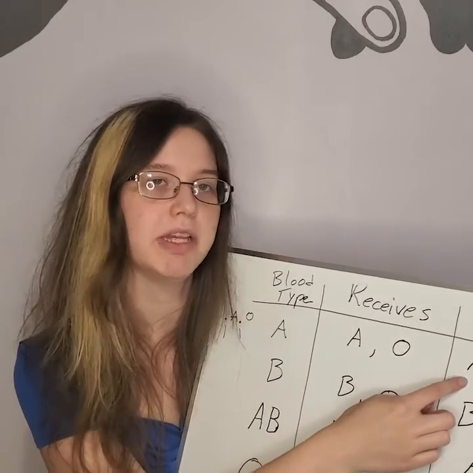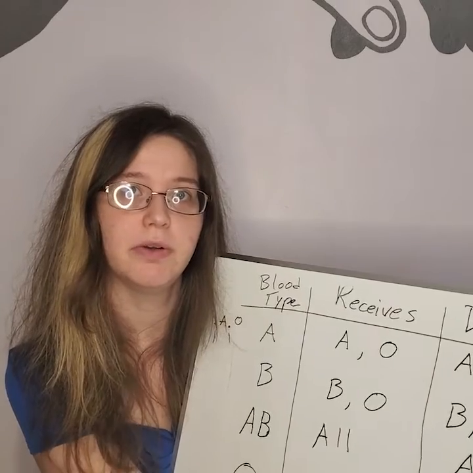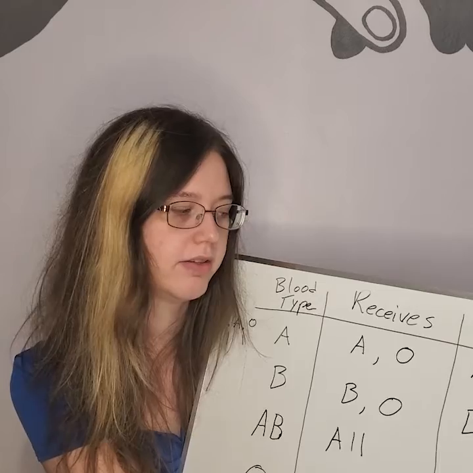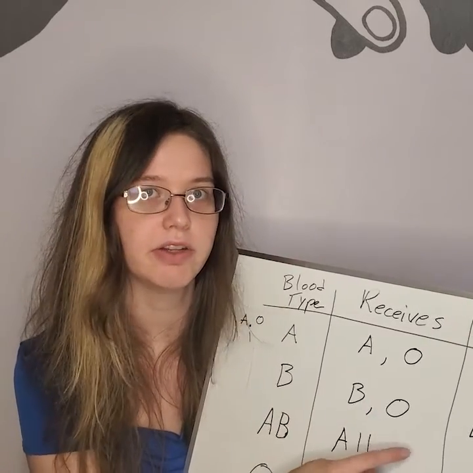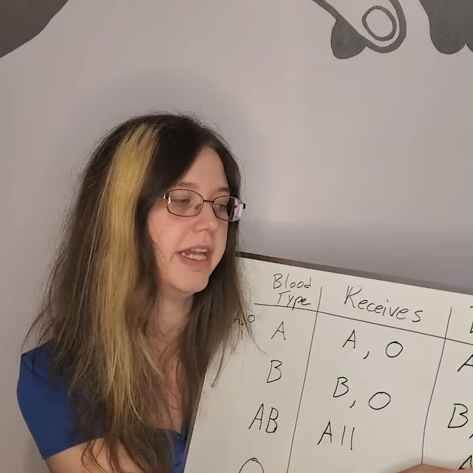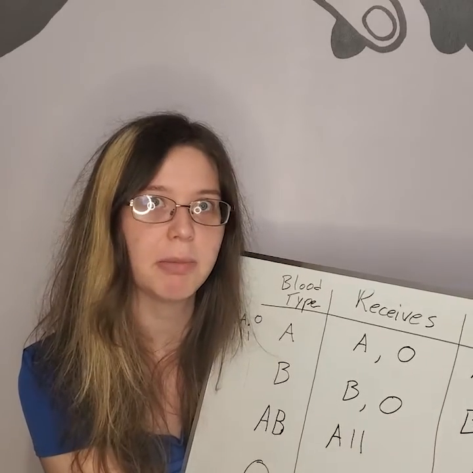And it can donate blood to type A and AB because both of those don't have antibodies against A. Type B blood can receive B and O because O has nothing. And it can donate to B and AB, again because both of those don't have anti-B antibodies.